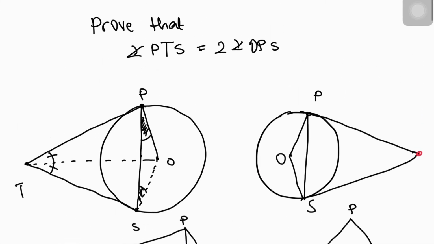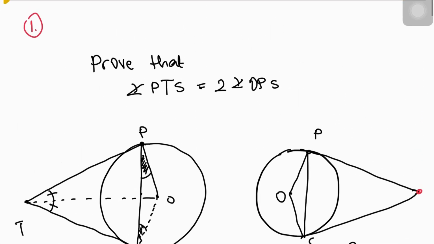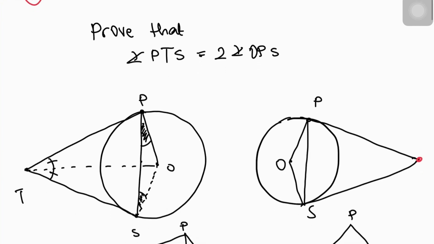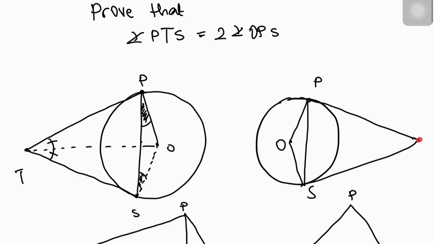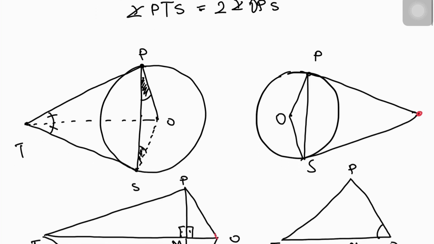Okay, so in this video, we are going to look at two geometry problems. The first problem says prove that the angle PTS from this image here is the same as 2 times the angle OPS. So what do we have here?